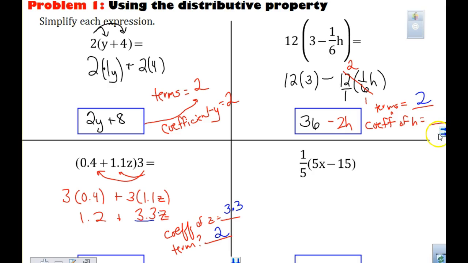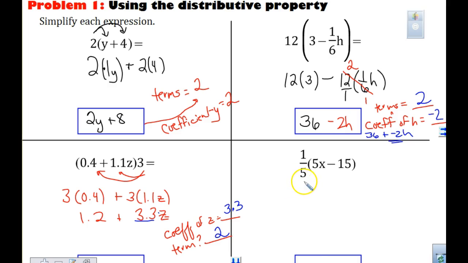And the most common answer I will have is 2. And that is wrong. The coefficient of h, you have to have the sign with it. Because this is 36 minus 2h, and really subtraction, remember, can always be rewritten as 36 plus a negative 2h. The coefficient is negative 2. So you have to keep the sign with it. Anyone have negative 2? Okay, so just being aware of that.